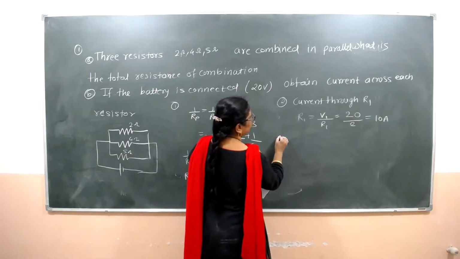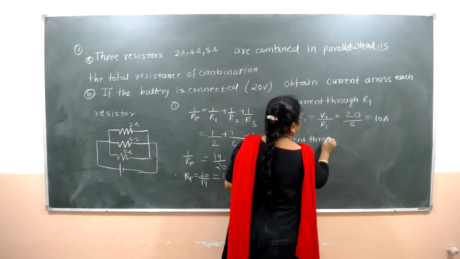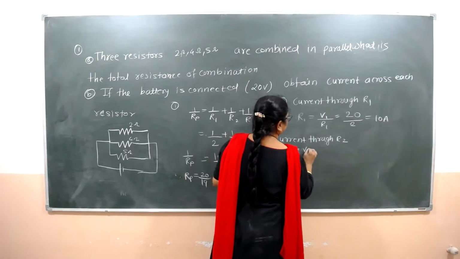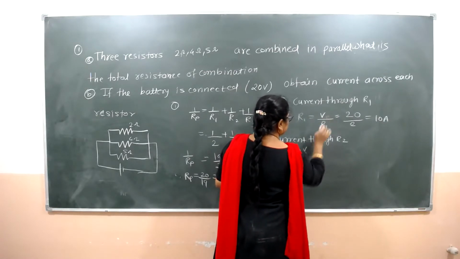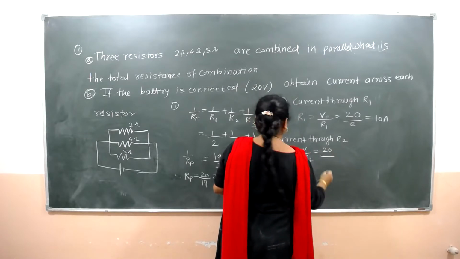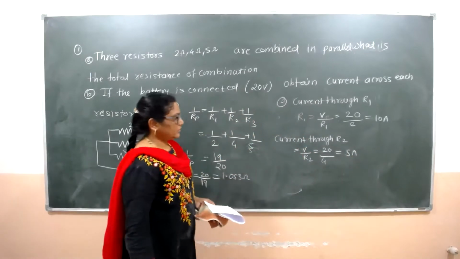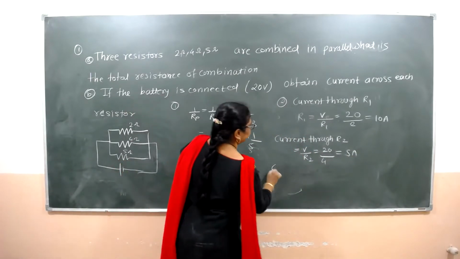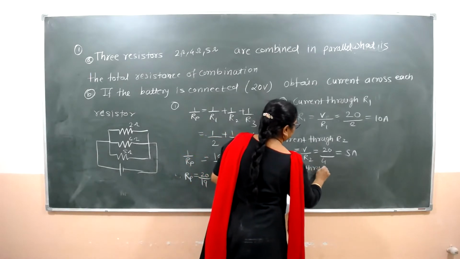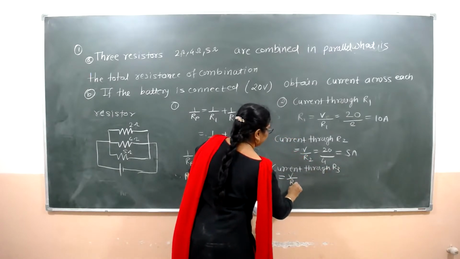Current through R2 is V, that is the same, divided by R2. That is 20 divided by 4 is equal to 5 ampere. Current through R3 is equal to V divided by R3.